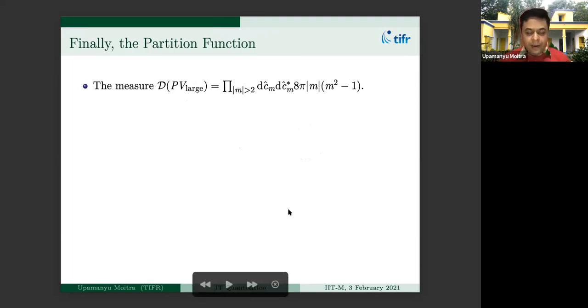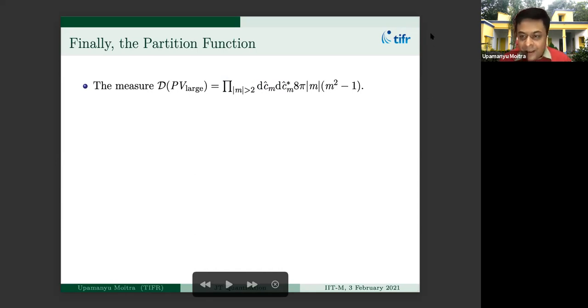So finally, we can find out the partition function. The measure that follows from the ultralocal norm is this, where mod m is greater than or equal to 2, and this dc hat m and dc m star with this 8 pi m mod m times m squared minus 1.